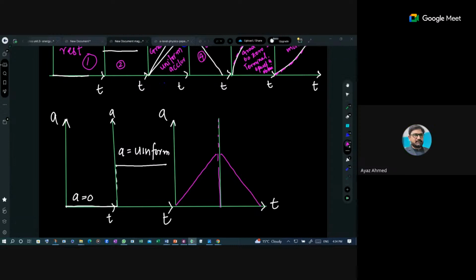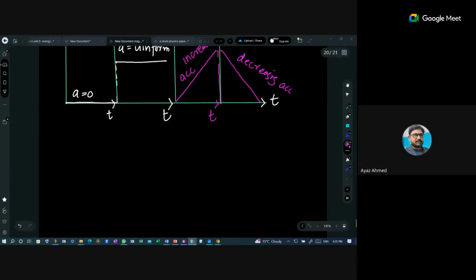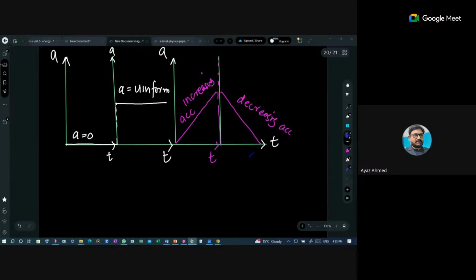This is your increasing acceleration, and this one is your decreasing acceleration. So decreasing acceleration is not deceleration. Remember this thing. It is not deceleration.